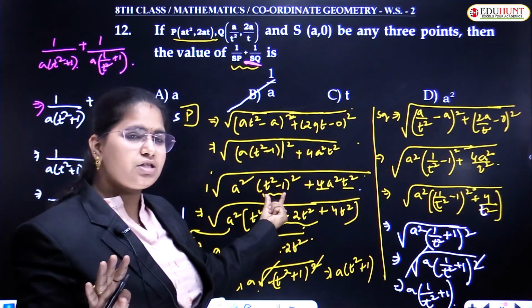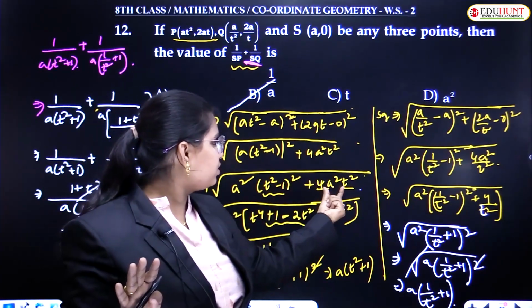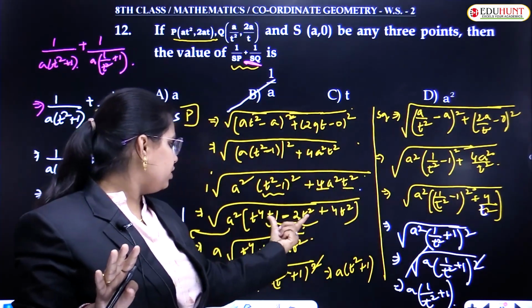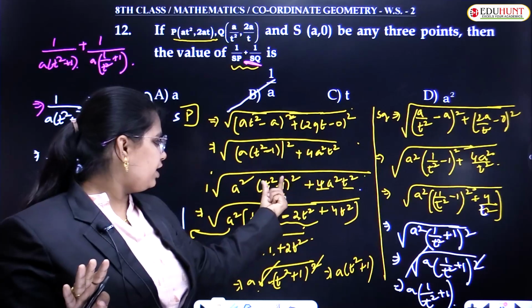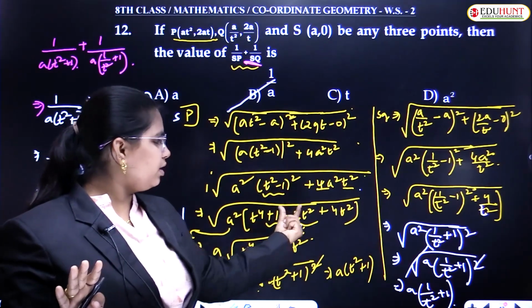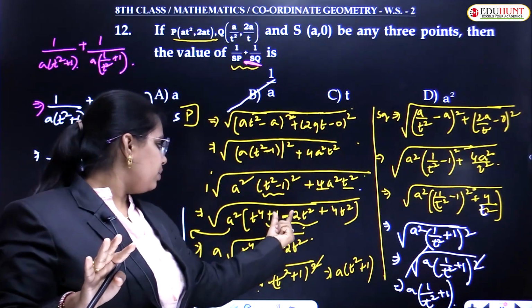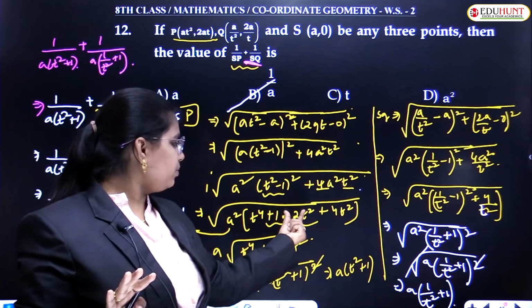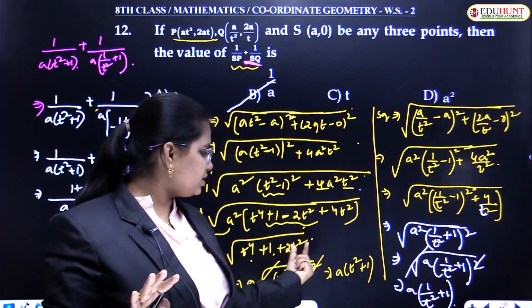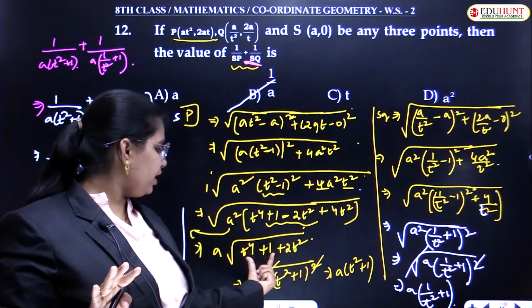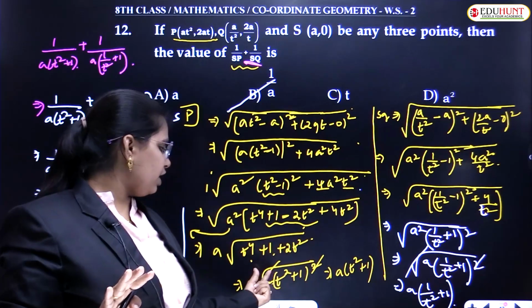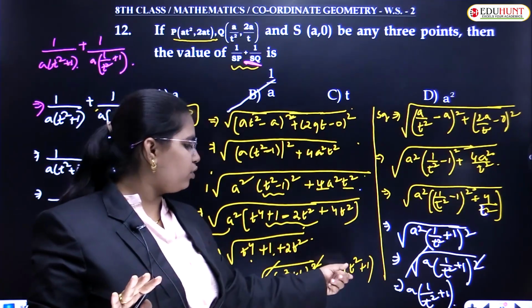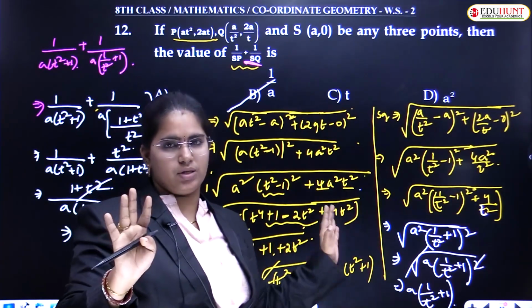You will be left over with t square minus 1 whole square plus 4a square t square. Take a square as common, right? The a minus b whole square formula, 4t square, t power 4 plus 1 minus 2 plus 4 is plus 2. This is of the formula a plus b whole square. I have cancelled square and root and I am left over with a into t square plus 1.